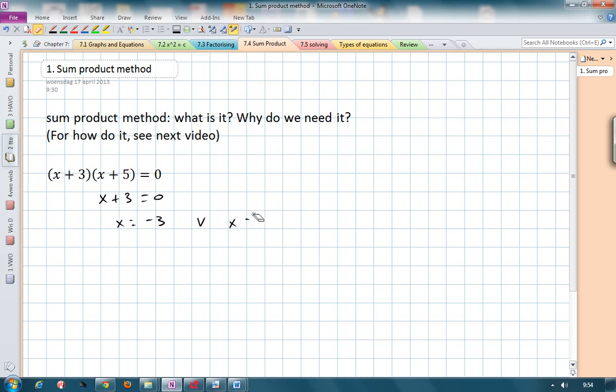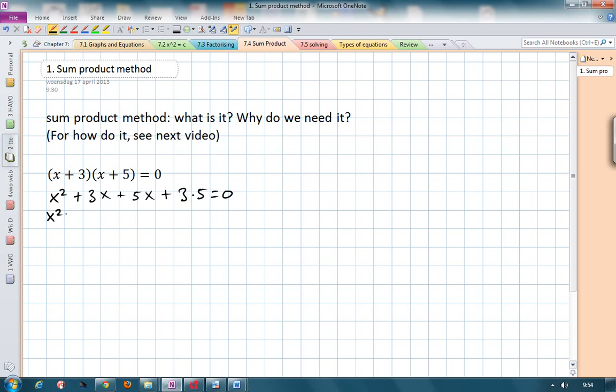But now let me do the following. Let me just multiply out these brackets. I'm going to do this the long way. There's a reason for that. It'll become clear in a minute. This is x squared, plus 3x plus 5x plus 15 is equal to, actually, let me leave this as 3 times 5 is equal to 0.